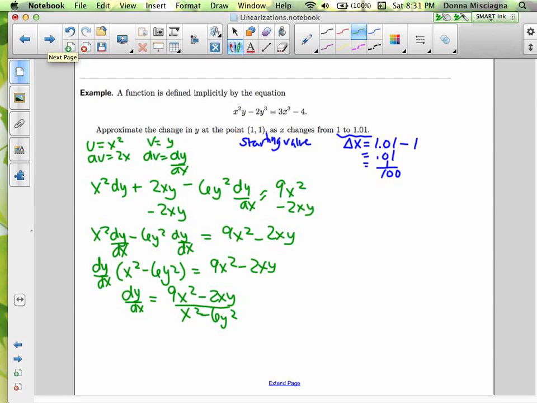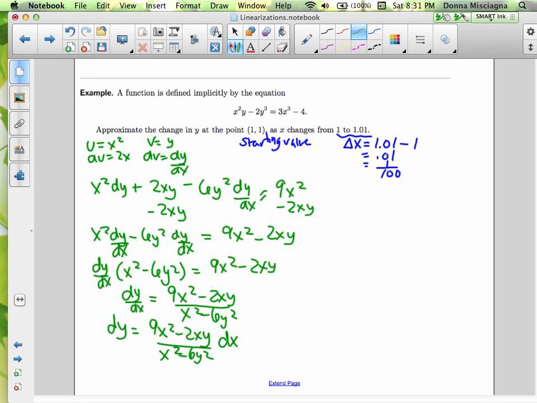To get the equation for the differential, it'll be dy equals 9x squared minus 2xy over x squared minus 6y squared times dx. Now what we have to do to find the change in y is plug in 1 for x, 1 for y, and then 1 over 100 for the dx.